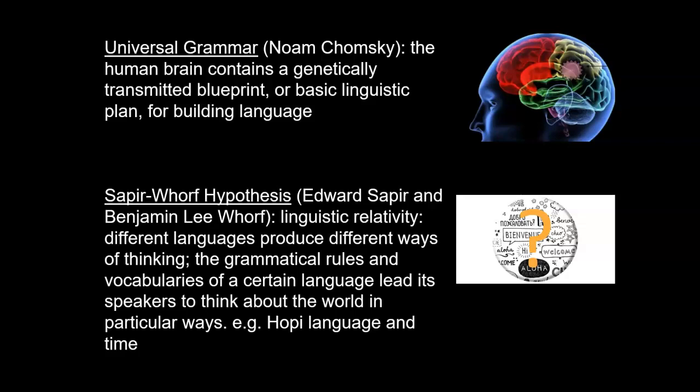And this notion of linguistic relativity has been extremely important, especially for anthropology and the anthropological study of language. And it's quite different from what Chomsky is saying. So whereas Chomsky is focusing on the human universal elements of language and language learning, linguistic relativity focuses precisely on the variability across languages.